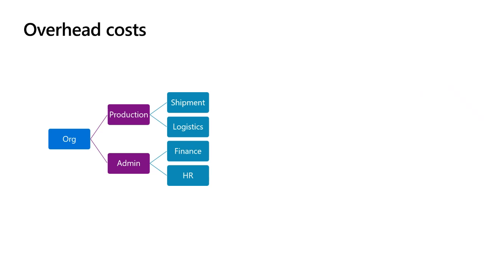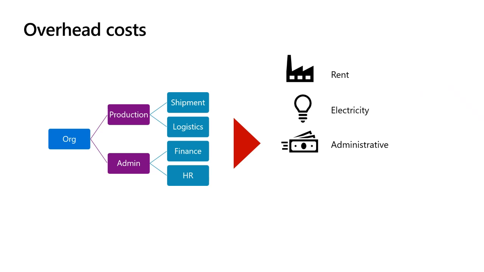Overhead costs provide critical support for the business operations activities. Some examples are rent, electricity, administrative expenses, transportation and shipment, printing services, etc. All these could be used across different cost centers in the organization as they do not get assigned to a particular one.